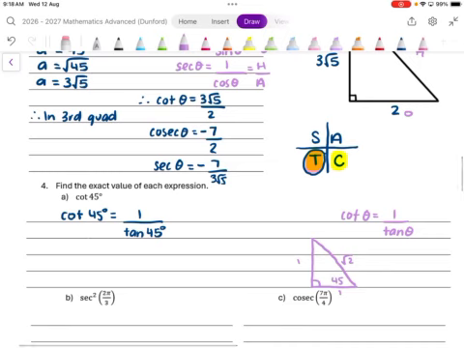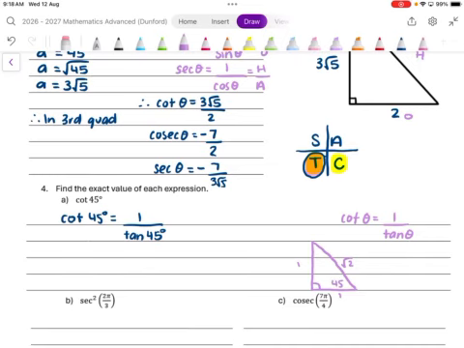So what is tan 45 degrees using our exact triangle? Tan would be opposite over adjacent. So tan 45 is equal to, what's opposite over adjacent? 1 over 1, right? So it's equal to 1.